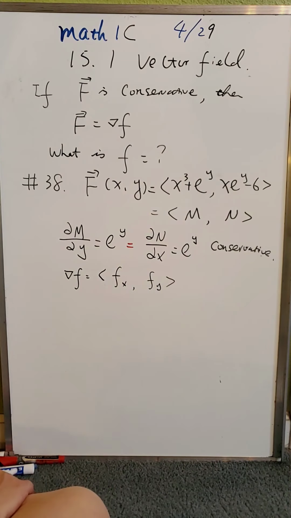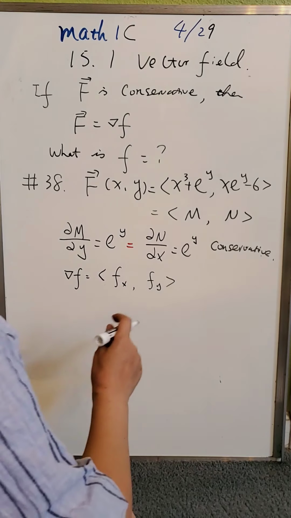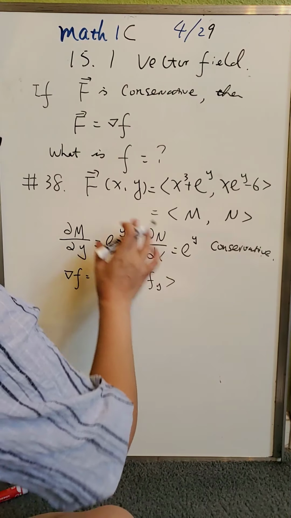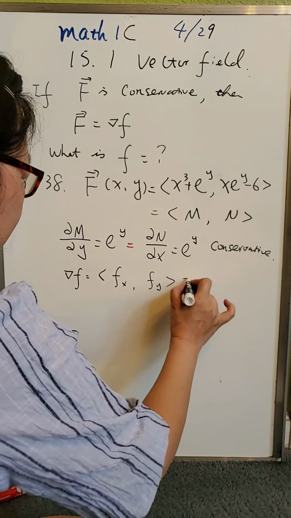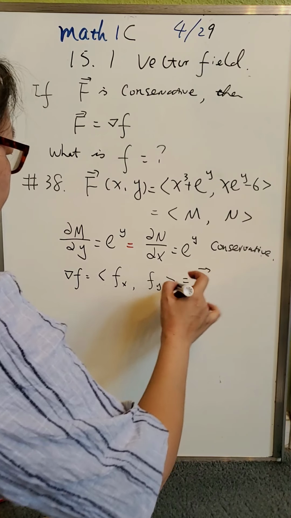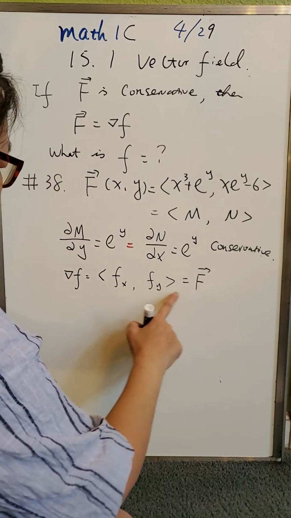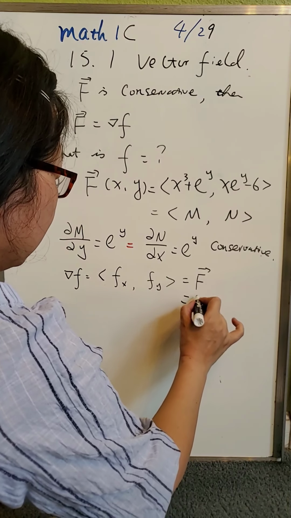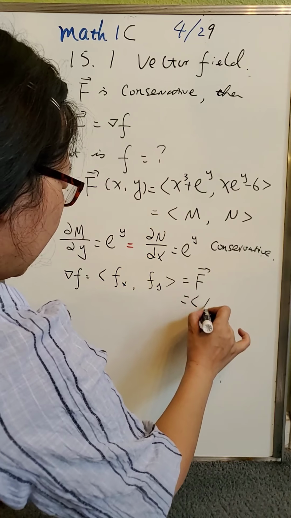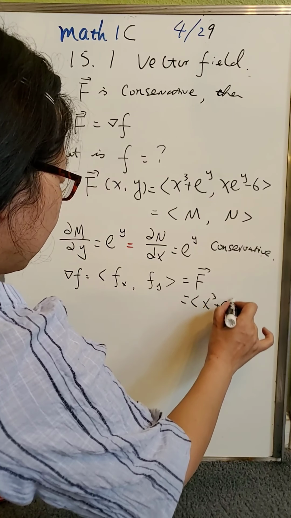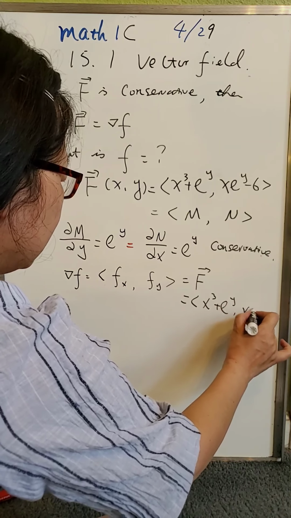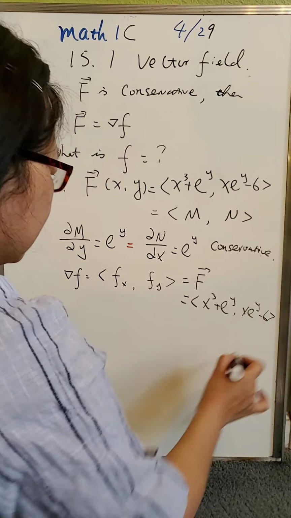So my f of x is also equal to... because it's conservative, so f equals del f, and that's x cubed plus e^y, and then x e^y minus 6, okay?